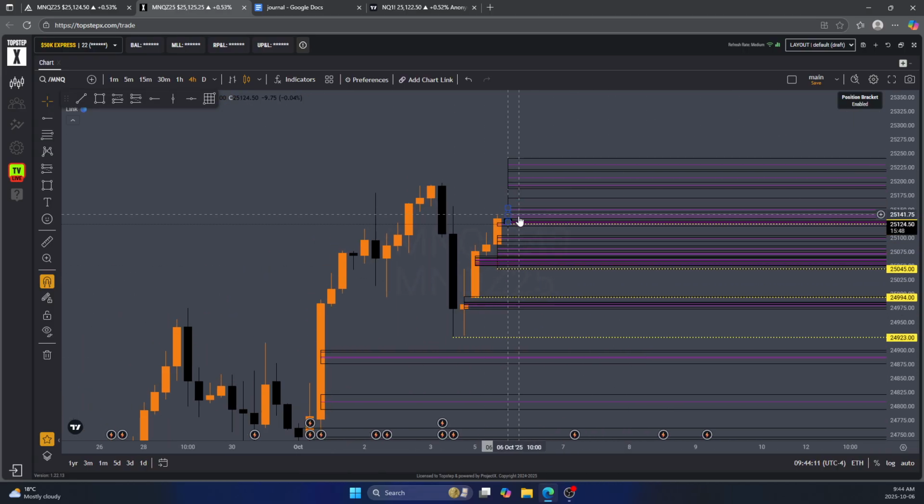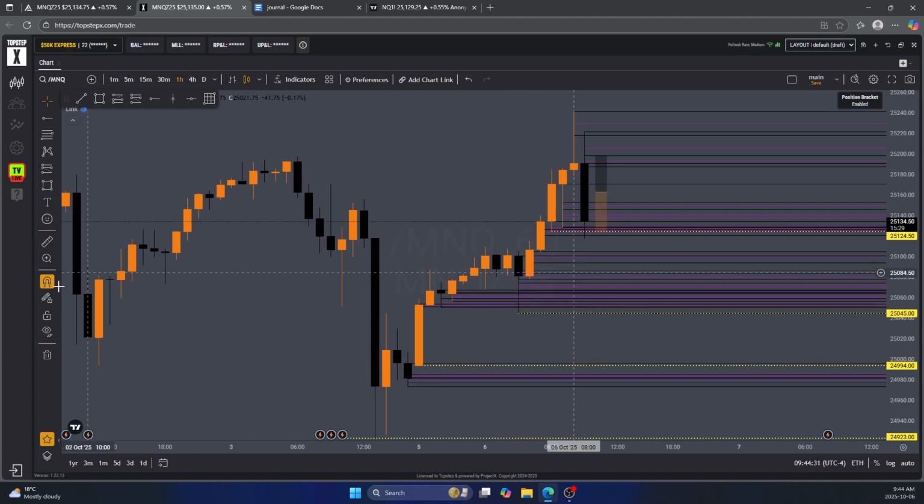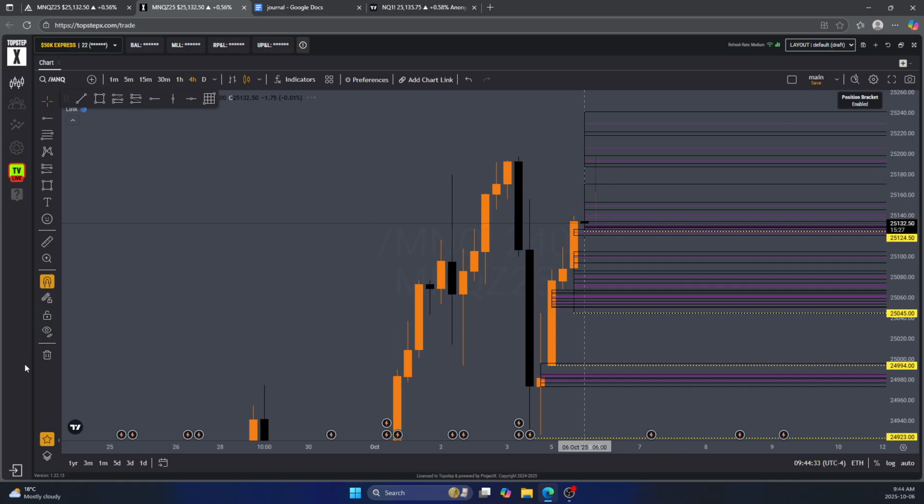So if we're gonna continue to go up, where would price need to retrace to for price to then continue up? So look at the 4 hour first of all.